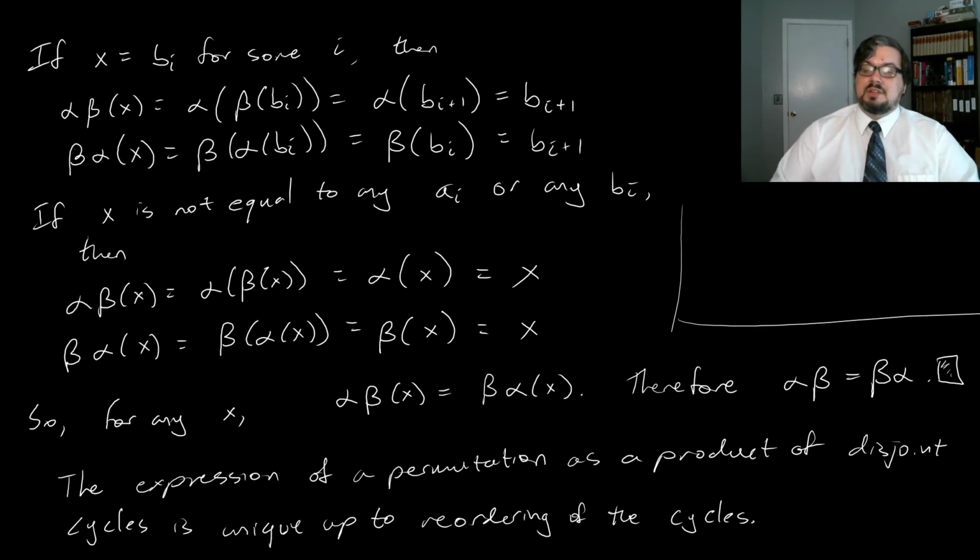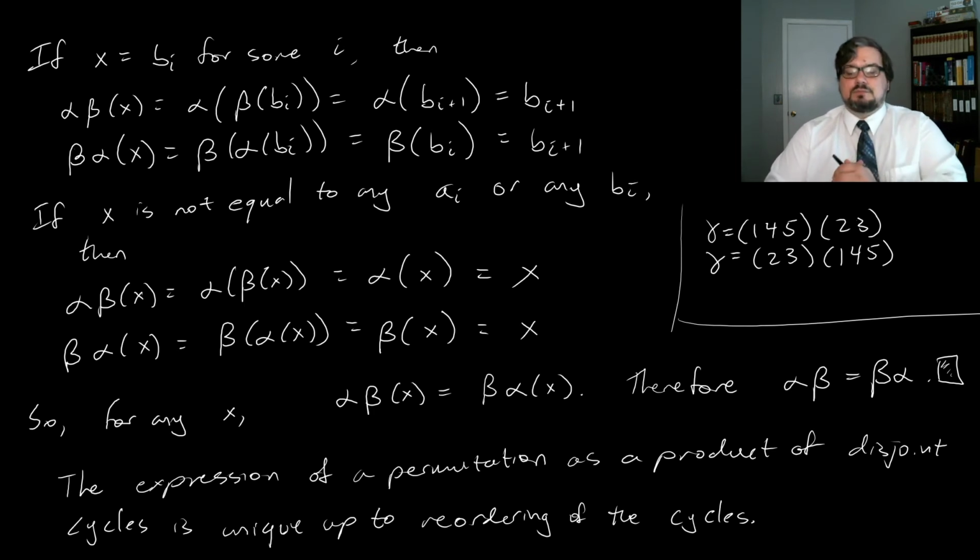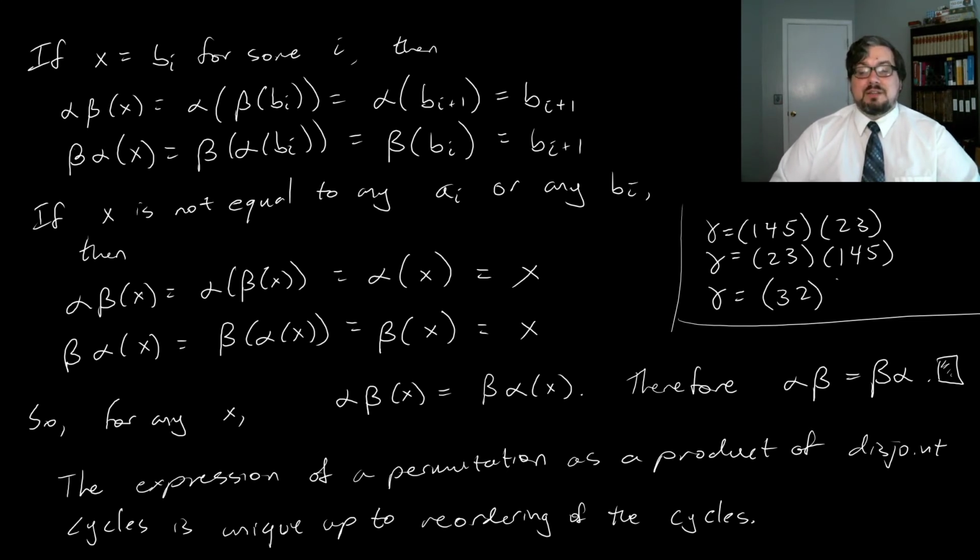So, for instance, we had that gamma is equal to (1 4 5)(2 3). Well, this expression of gamma is unique, with the only exception being that we can rewrite the order of the cycles. Also, each cycle can be written in different ways. So, for instance, the cycle (2 3) can also be written (3 2).